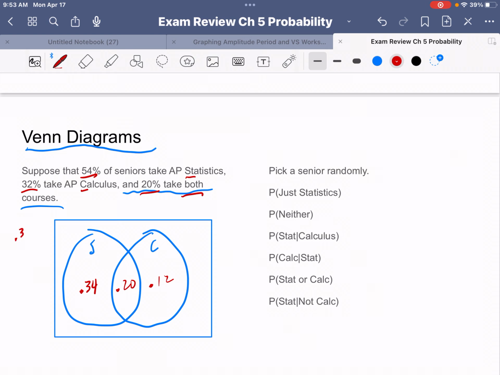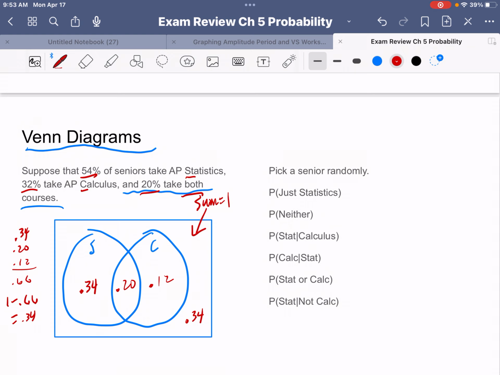Now, if I add 0.34, 0.20, and 0.12, it looks like I get 0.66. So then 1 minus 0.66 is 0.34. I put a 0.34 out here, meaning that 34% of seniors take neither. Okay, remember that the sum of all of the numbers in a Venn diagram must be 1 or 100%.